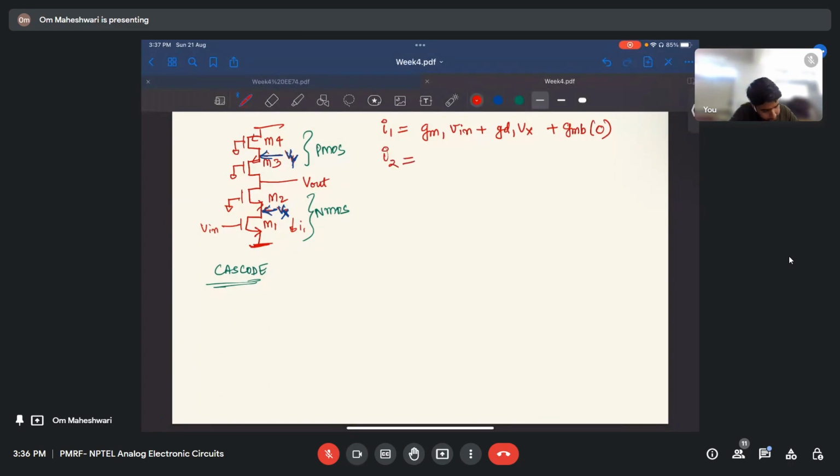I2 is GM2 minus Vx plus GD2 V out minus Vx plus GMB2 Vx. Sorry, minus Vx.